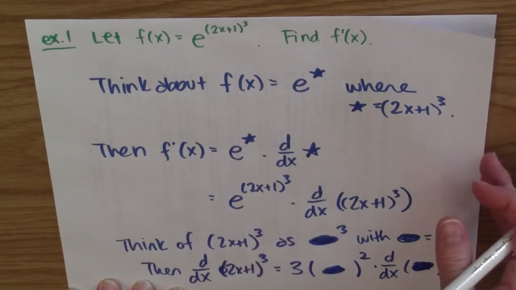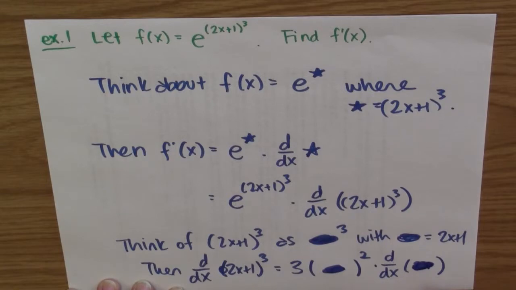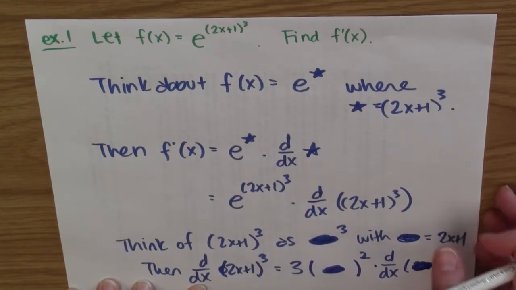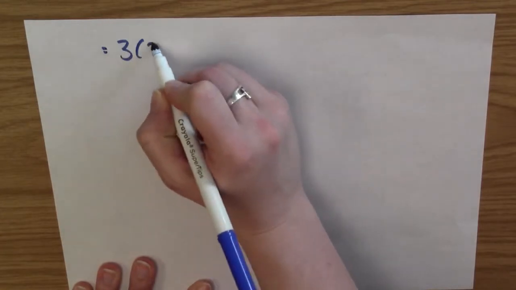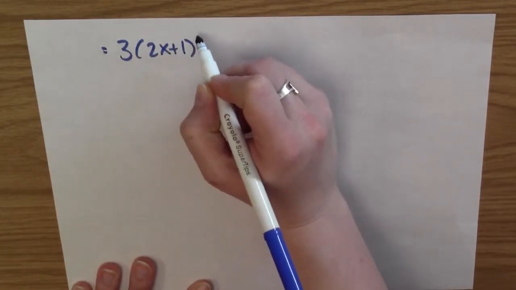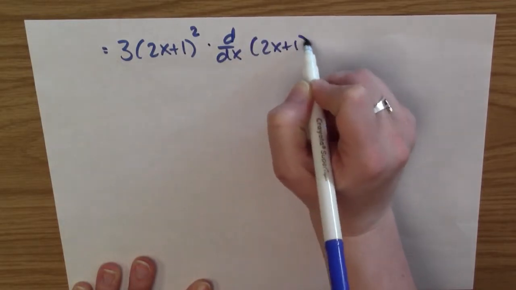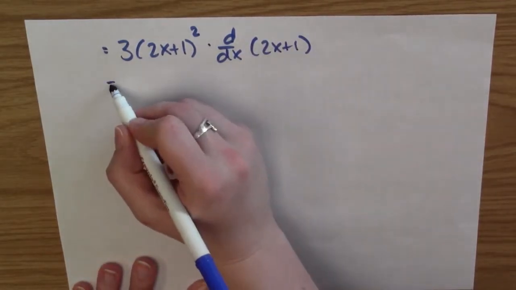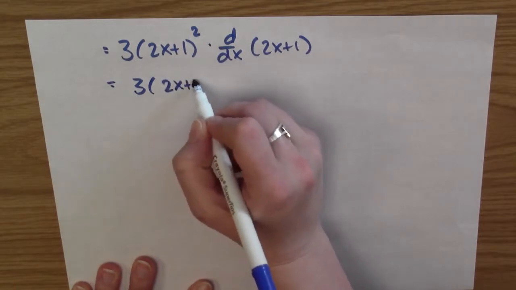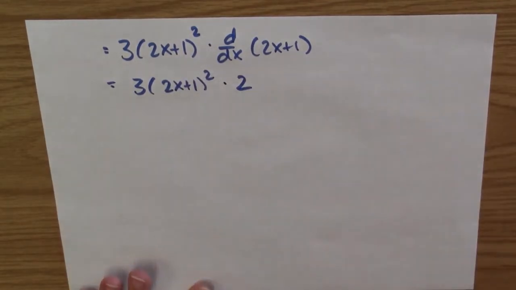All right, so this is a big mess, and we know what the blob is, so we can just plug that in, 2x plus 1. So what I really have is 3 times (2x plus 1) squared times the derivative of 2x plus 1. Well, the derivative of 2x plus 1 is just 2. So this is 3 times (2x plus 1) squared times 2.